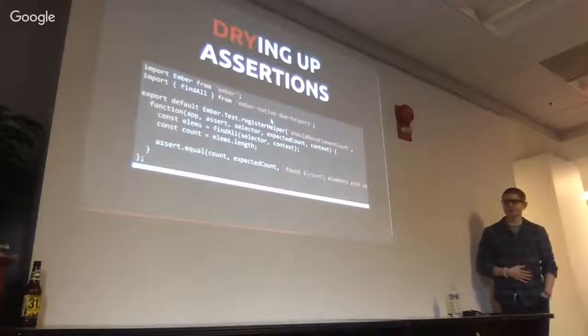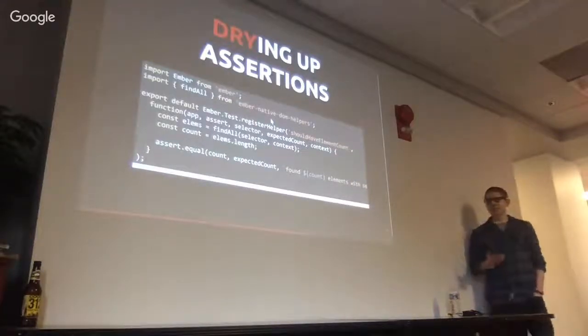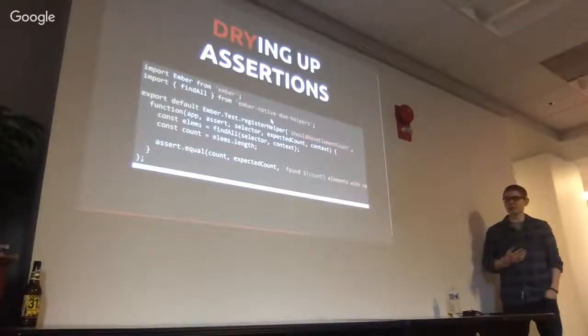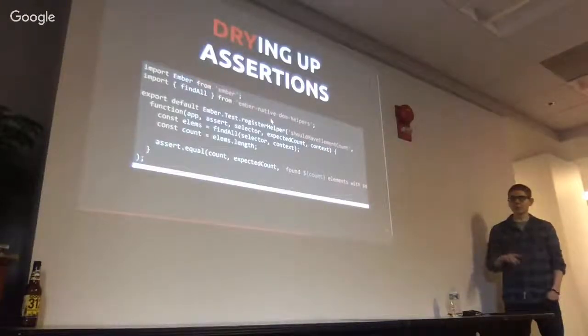And so Ember gives us a way to, I think there's a blueprint for this too, which I should have included, but there's a notion of a standard synchronous helper and an async helper that you can register, and you just register with the name of the function that you want to call in your test.